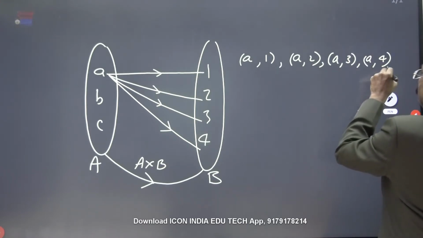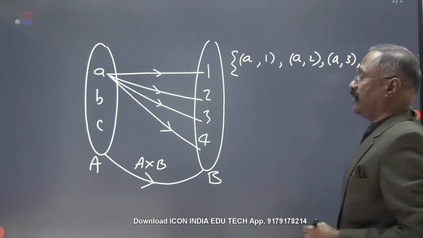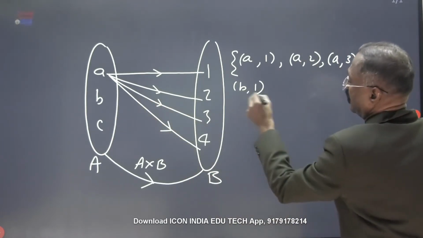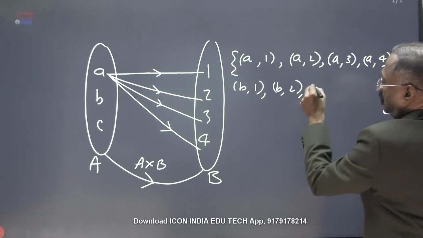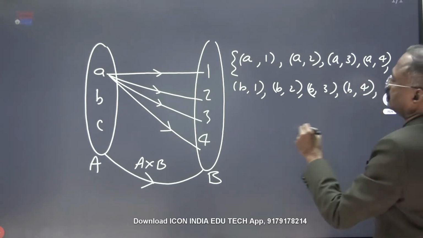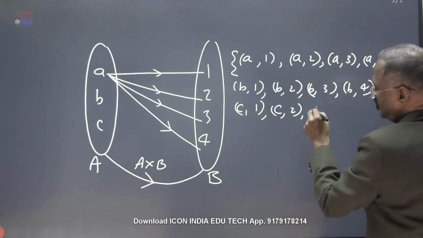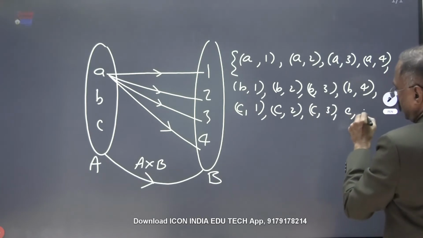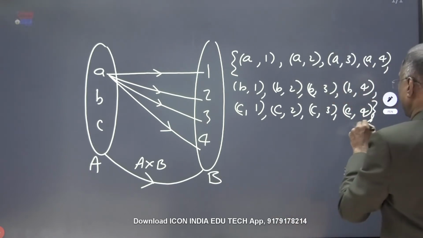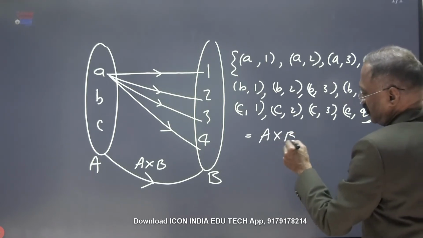And if you associate similarly b to the set B, then it is b1, b2, b3, b4. This we have already learnt in the previous session. Similarly, c1, c2, c3, c4. And these many elements will be there in the Cartesian product, that is A cross B.